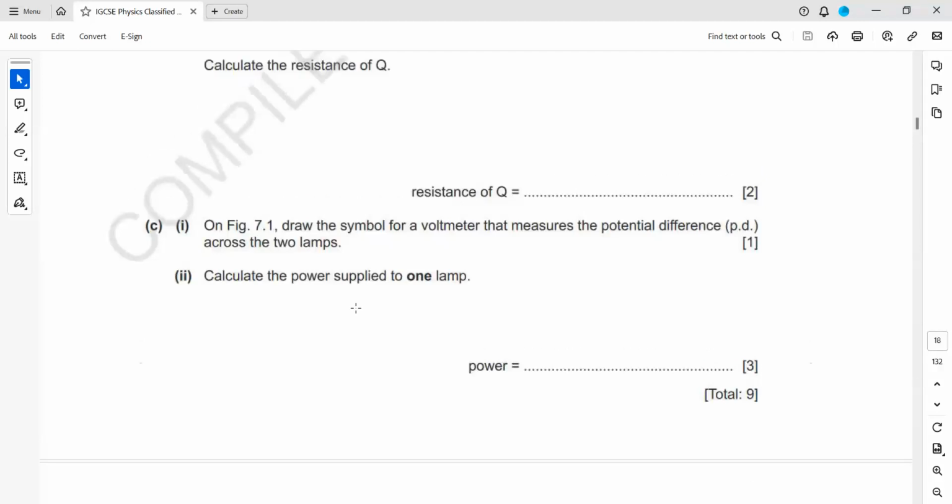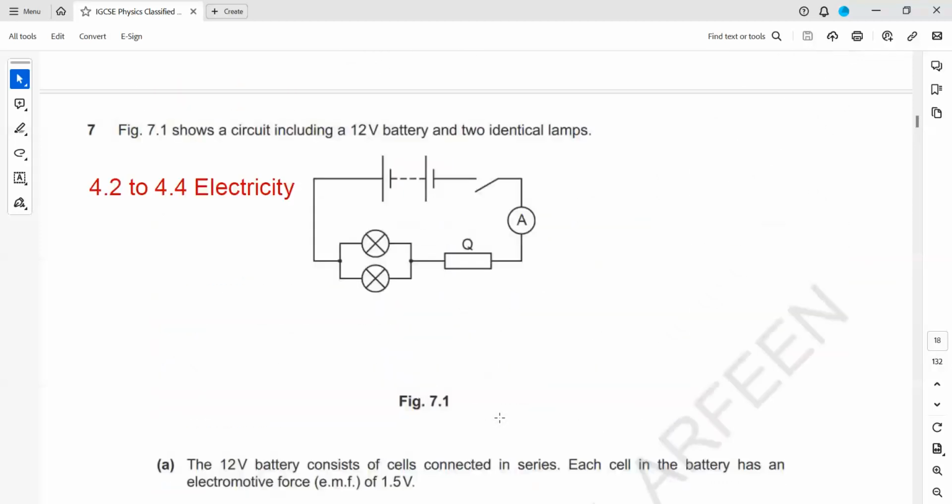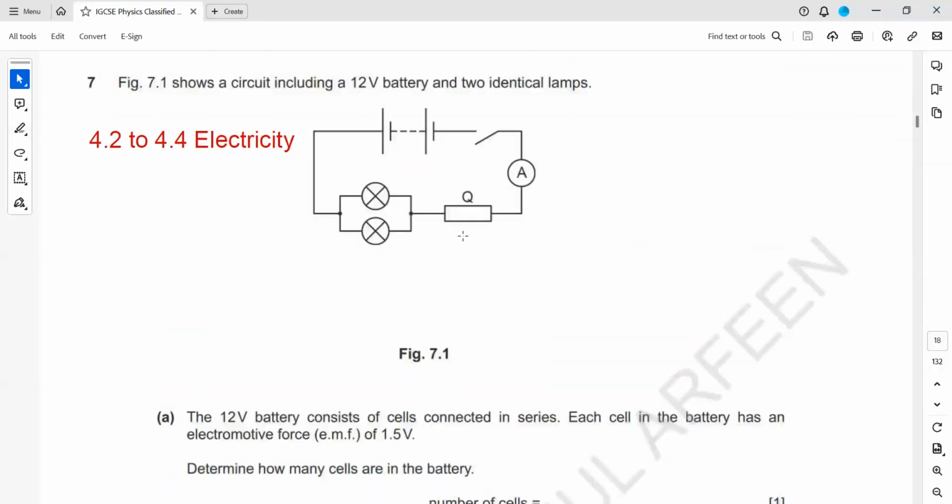Then calculate the power supplied to one lamp. So we have the resistances there. Because these are identical lamps, and the total current entering was 2.4 ampere, it will divide in the branches. So this will be 1.2 ampere, and this will also be 1.2 ampere.